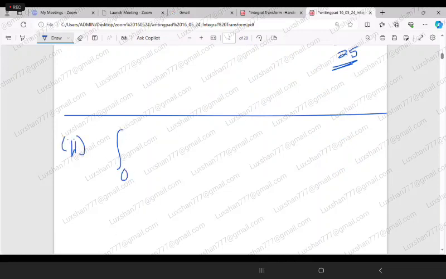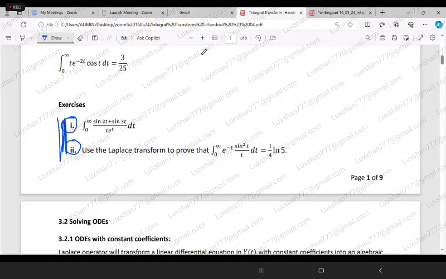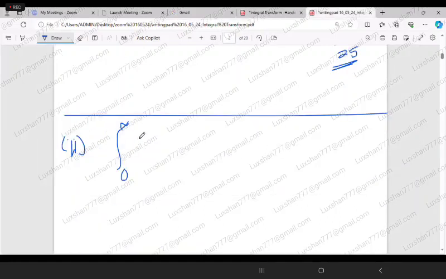We want to find the integration from 0 to infinity of e to the power minus t sin square t over t dt. This is what we want to find.